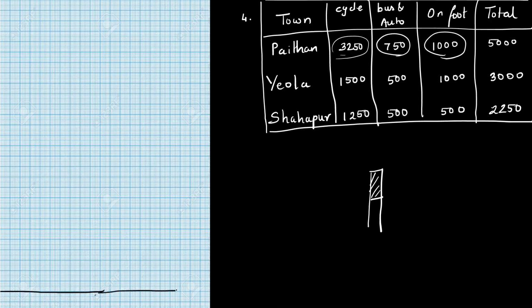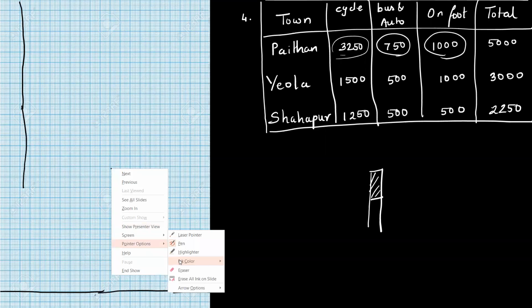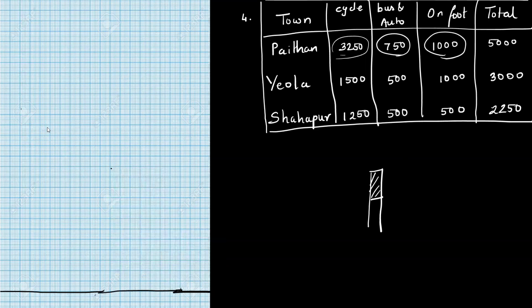This is your x-axis. And this is your y-axis. Make arrows at both the ends.